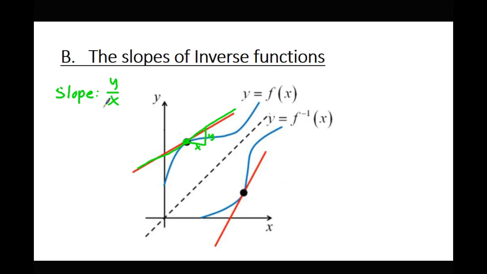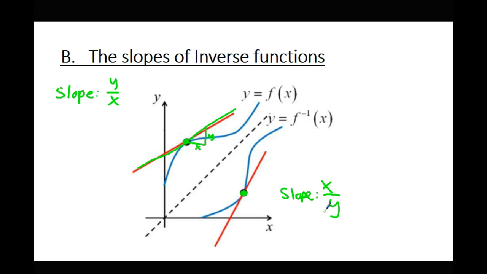But over here, the x's and y's have been switched. So do you guys know what the slope would be of this line? x over y.